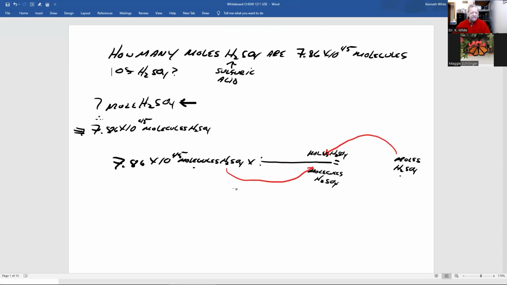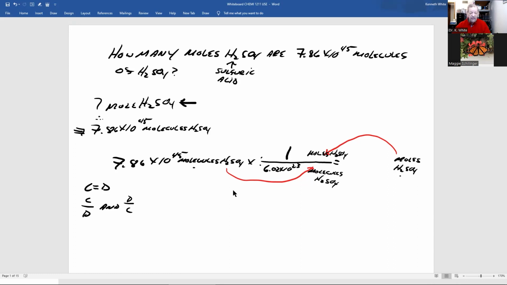And remember, when you have one thing equal another, there are 2 ratios you can form. C equals D. C over D is 1 ratio, and D over C is another. And here, what I just showed you, 1 mole equals 6.02 times 10 to the 23rd molecules of H2SO4.